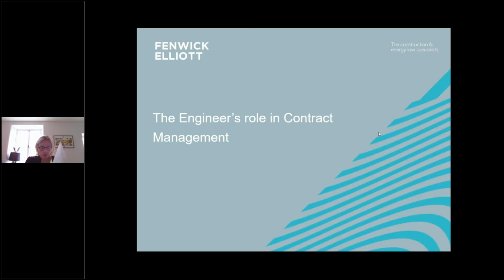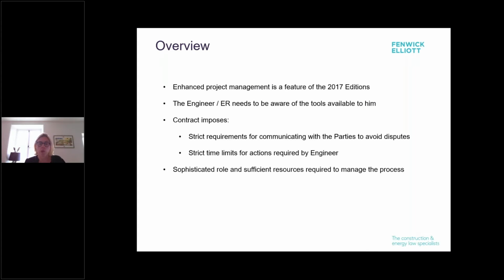So moving on, the engineer's role in contract management. As an overview, there is enhanced project management in the 2017 editions. The emphasis is on getting in there early and preventing disputes arising, or if they do arise, on early resolution of those disputes. So the engineer and the employer obviously need to be aware of the tools that are available for that purpose to keep things ticking over smoothly.